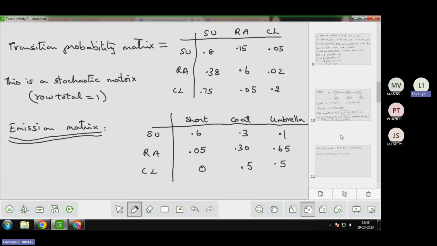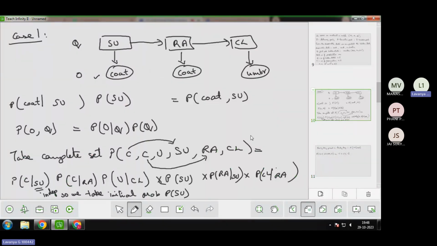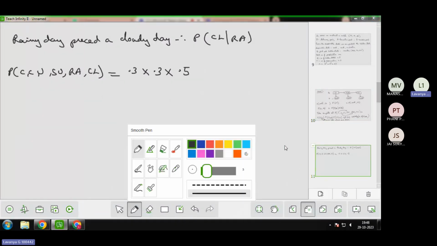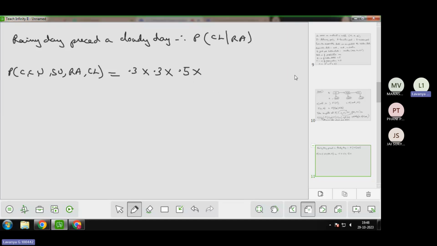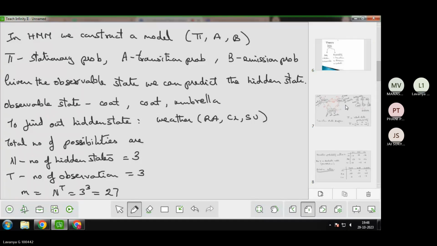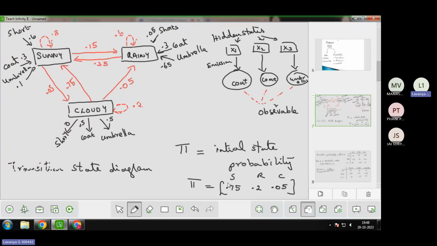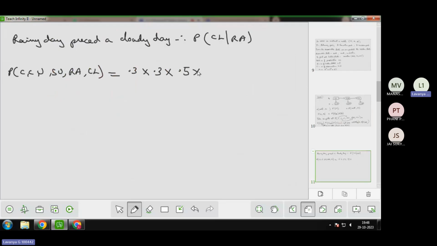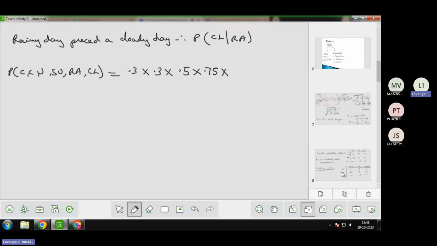The next values we have to now take for P of SU. P of SU I have to take from my pi value. Where is the pi value given? Initial probability. So P of SU I will be taking from here, that is 0.75, the initial value which we require. So into 0.75 into, I have to calculate RA given SU.